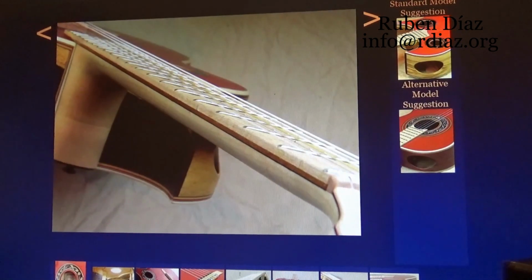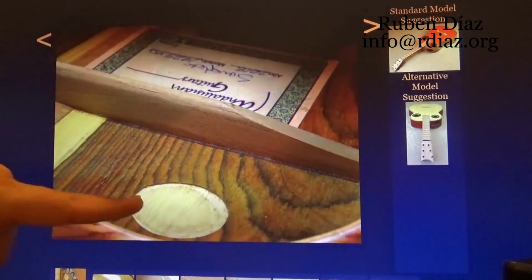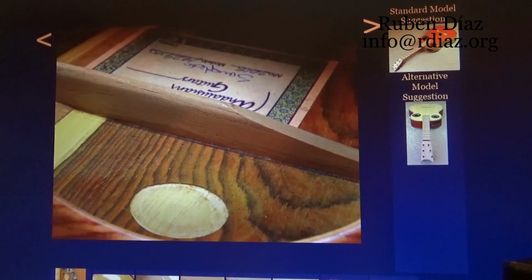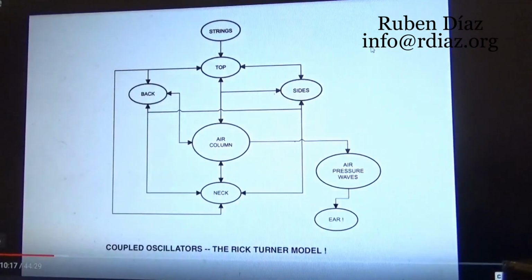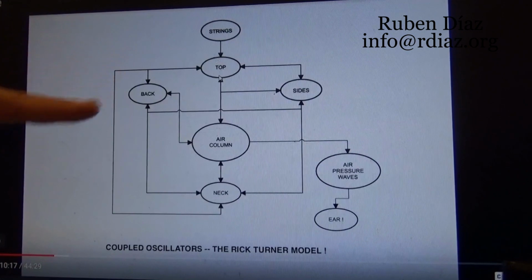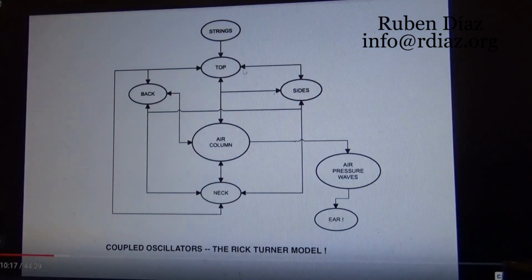This is linked to the double back thing, because it's a more weighty guitar, so it produces a very powerful sound. And in playability, look what you can do. This is just a diagram showing how everything affects everything interactively. You see the strings go to the top, then this excites the back, then the back also affects the neck.